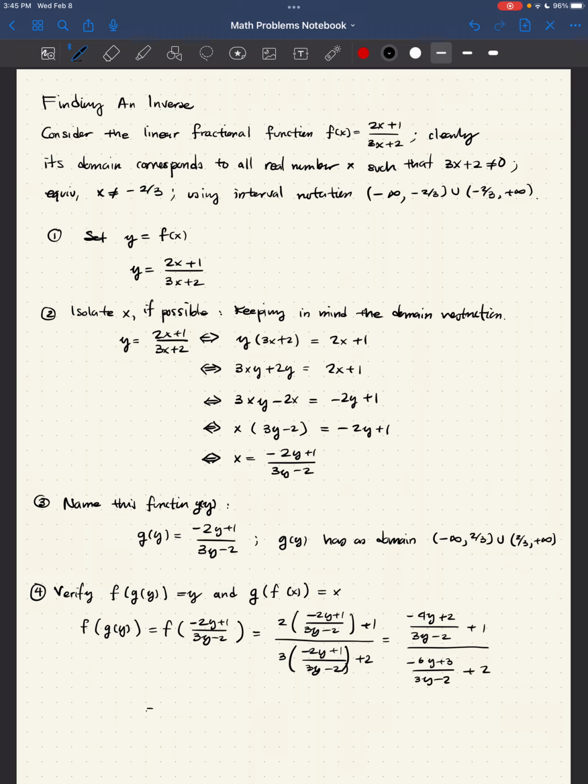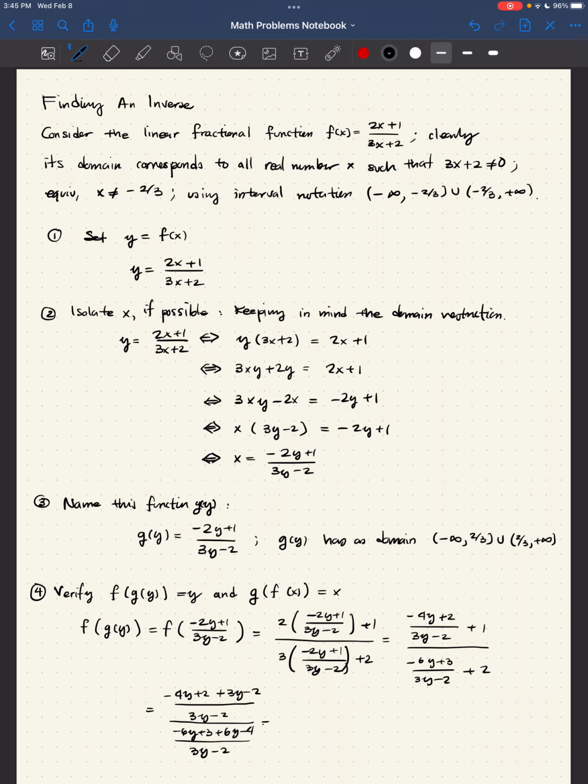We keep up with the simplification, and this should be negative 4y plus 2 plus 3y minus 2 over 3y minus 2, all of this over negative 6y plus 3 plus 6y minus 4 over 3y minus 2.